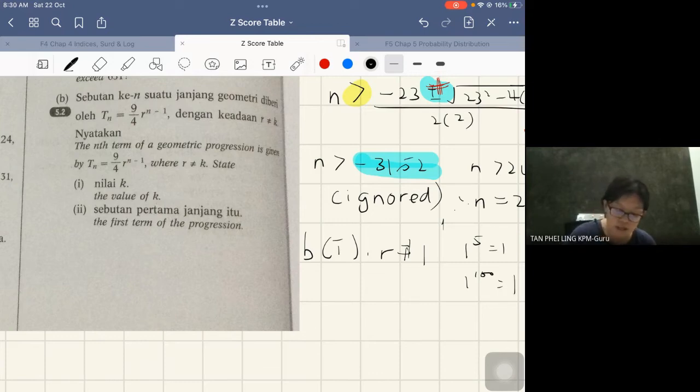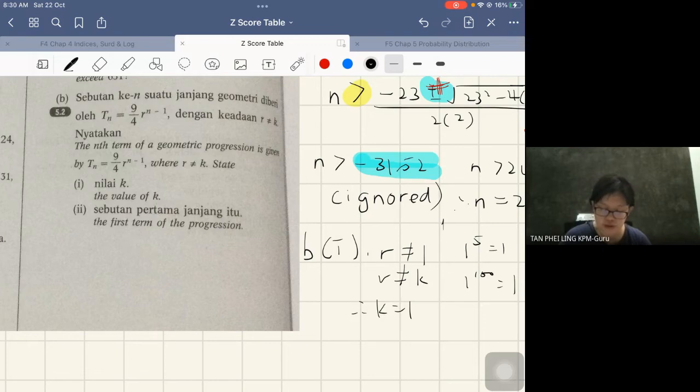That's why your r cannot be equal to 1. When r cannot be equal to 1, that means r cannot be equal to k. That's what the question wants. Hence, k equals 1. Do you get me? r cannot be equal to 1, r cannot be equal to k, so we can say that hence k equals 1.